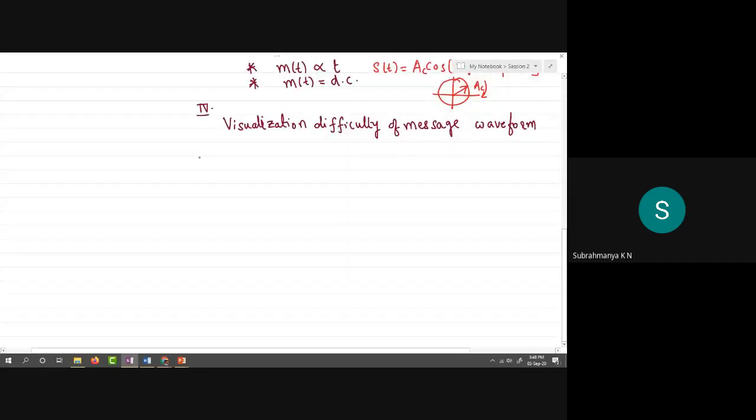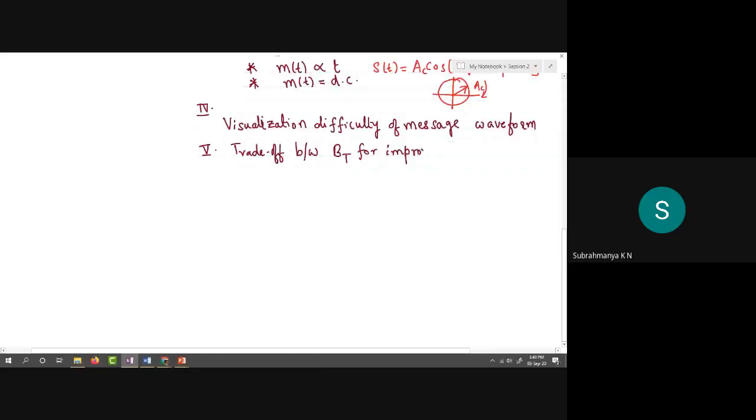Okay, so going ahead with the fifth property. Of course, this will take in the next class. There is a trade-off between transmission bandwidth, denoted shortly as BT, for improved noise performance.